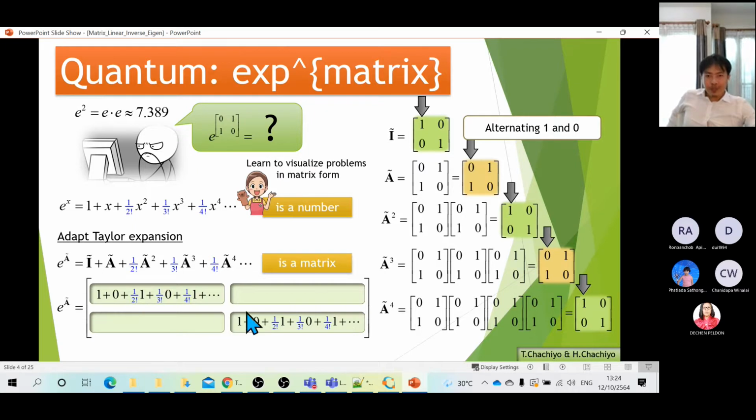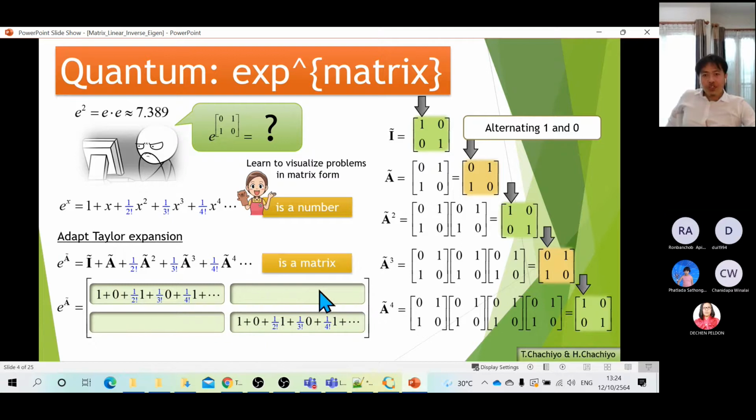What about the off diagonal? By the way, there are many technical terms for this matrix. This line here, we call the diagonal elements. The other one, we call the off diagonal elements of the matrix.